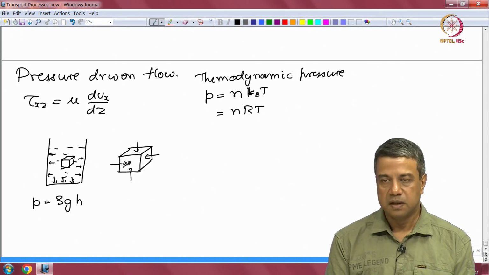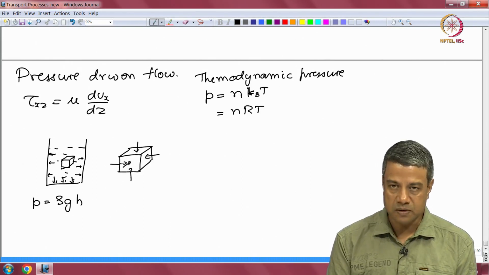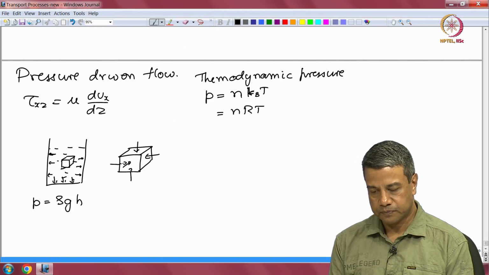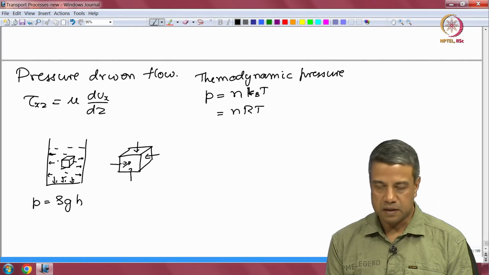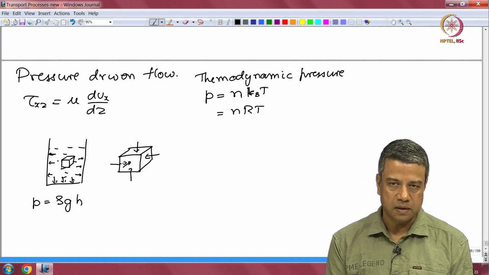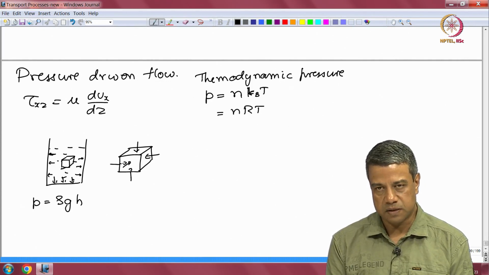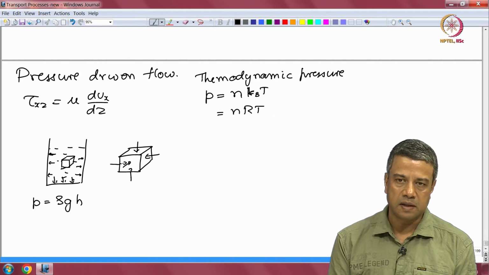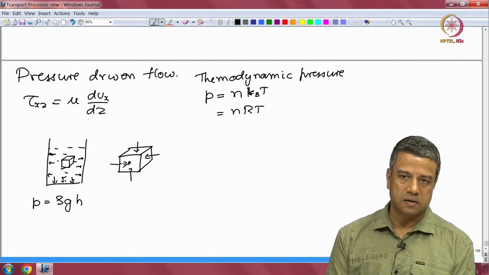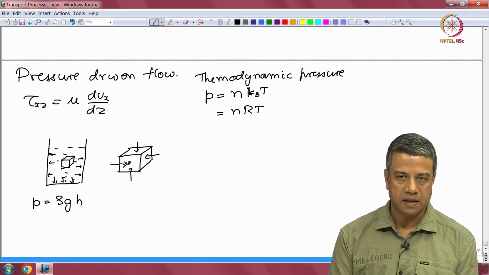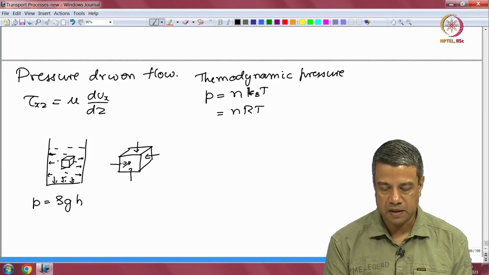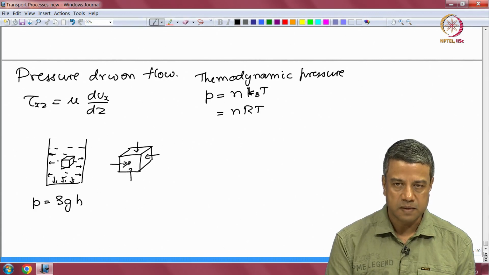So, this is what is called an absolute pressure. It is a thermodynamic pressure. And this is 0 when the temperature is absolute 0, and then it increases. Of course, there are corrections to this ideal gas law when the density of the gas becomes large, and similarly for liquids and so on. But this is an absolute pressure.